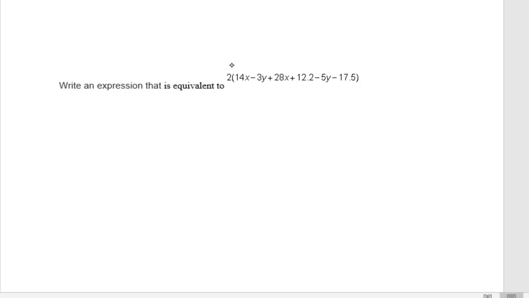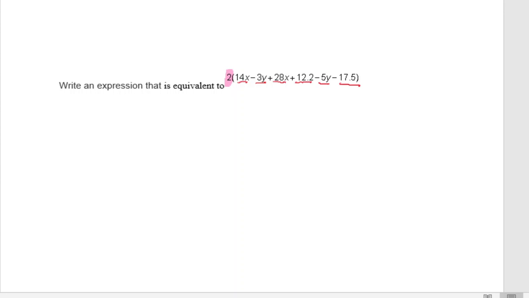I'm going to go ahead and distribute the 2 because that is the number outside the parentheses. So the 2 needs to be multiplied by 14x, -3y, positive 28x, positive 12.2, -5y, and -17.5.